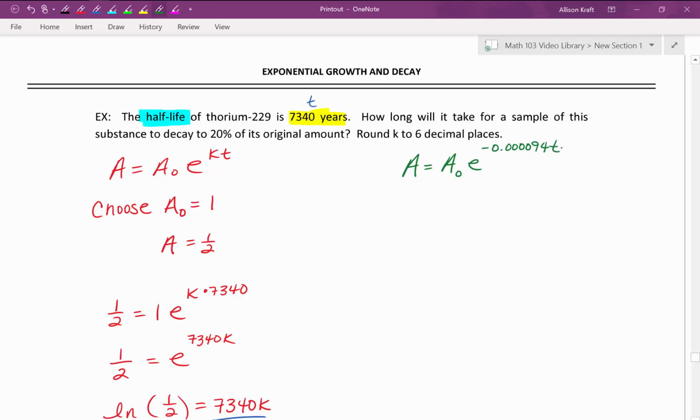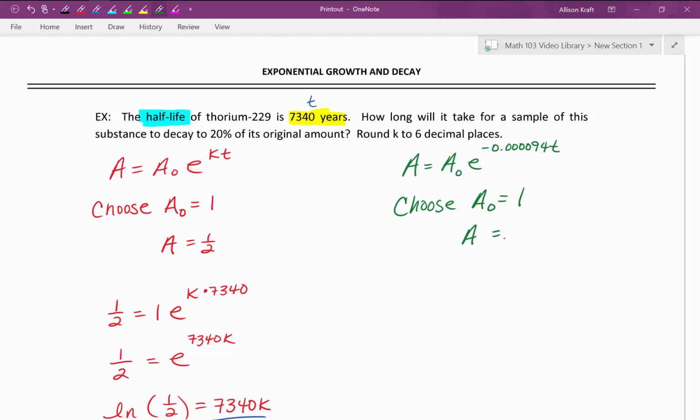Well, again, they don't give us an initial amount. So I'm going to choose A sub 0 to be 1 again. Well, let's think about what A would be. Here, it's asking us how long it will take for this sample to decay to 20% of the original amount.